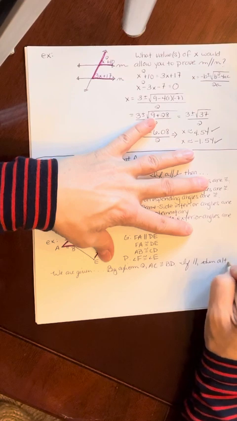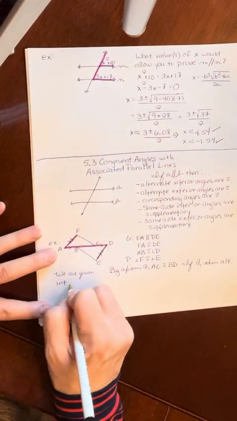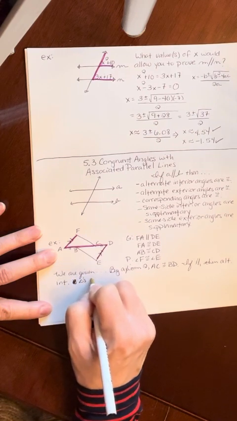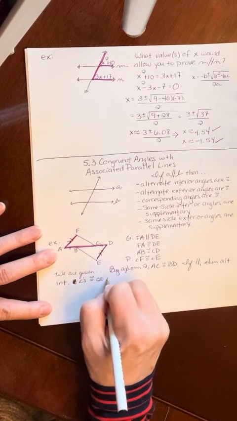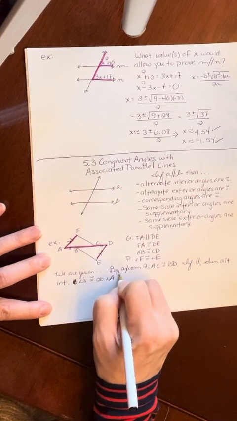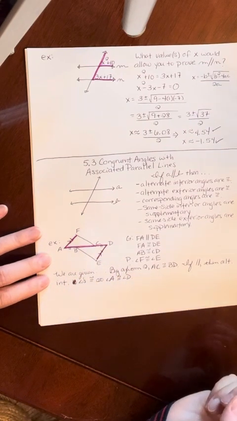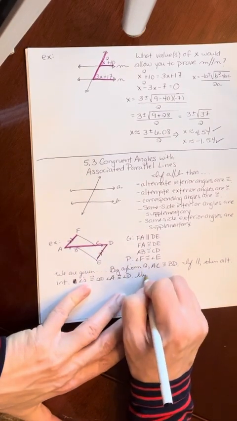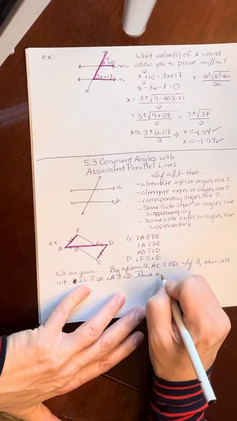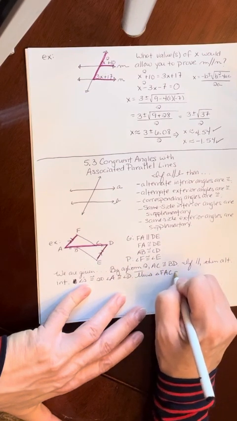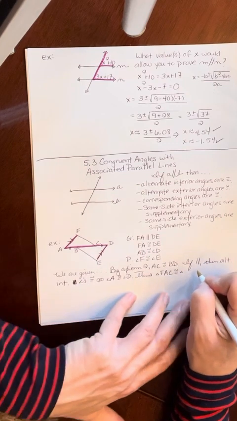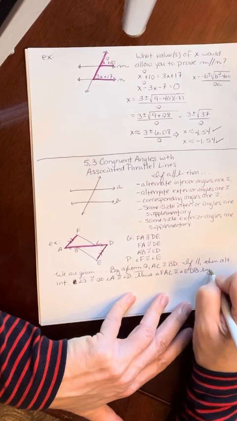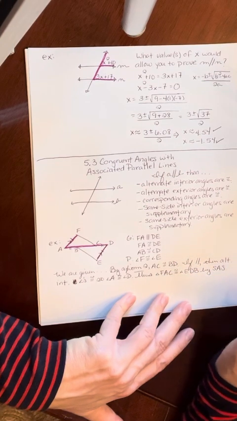Alt int angles congruent, so angle A is congruent to angle D. Now we have enough information for our triangles, thus triangle FAC is congruent to triangle EDB by SAS.